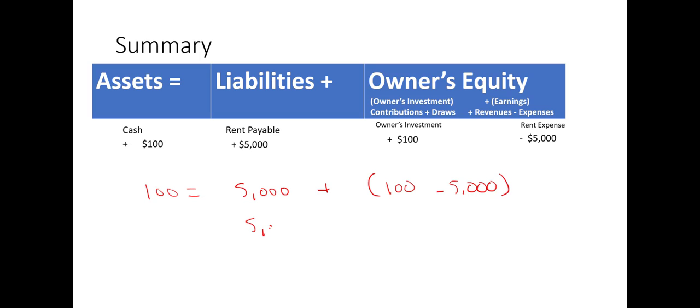So we have 5,000 plus negative 4,900. So if we finish that out, we have $100 of assets, and we have $100 of liabilities and owner's equity in total. So our accounting equation still balances.